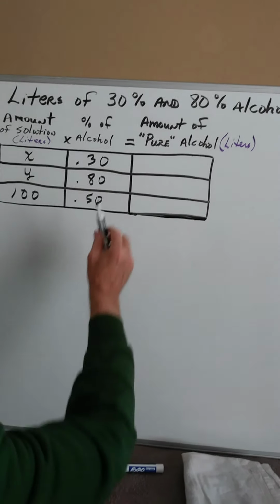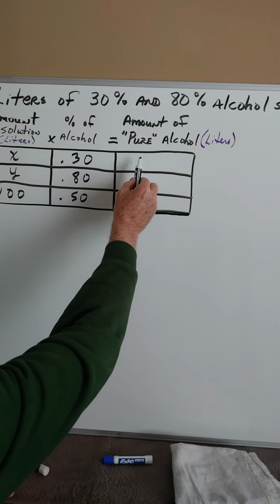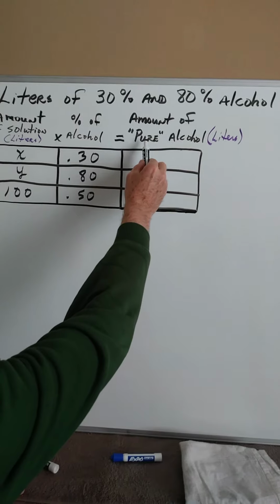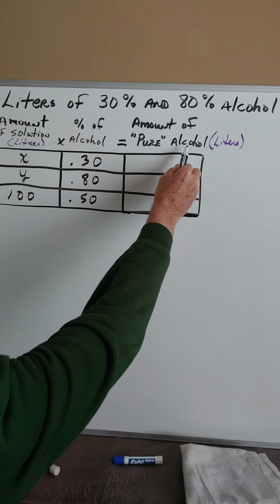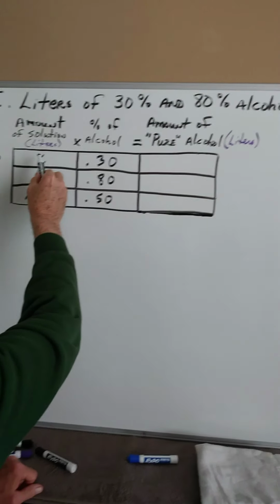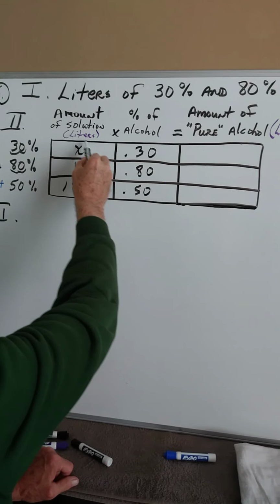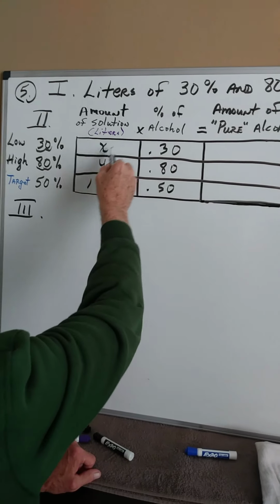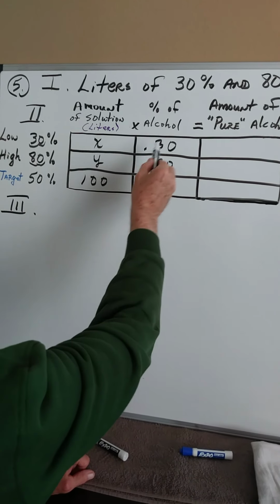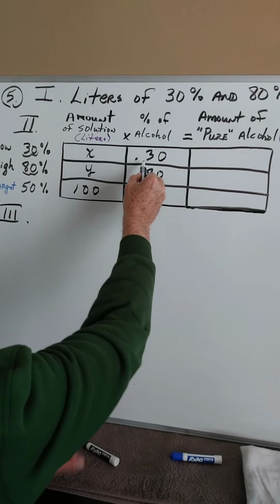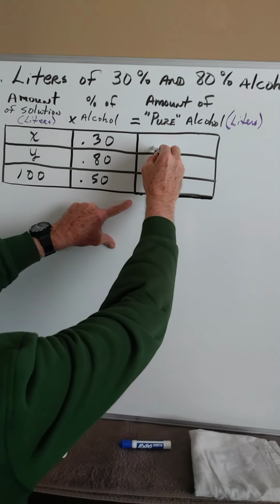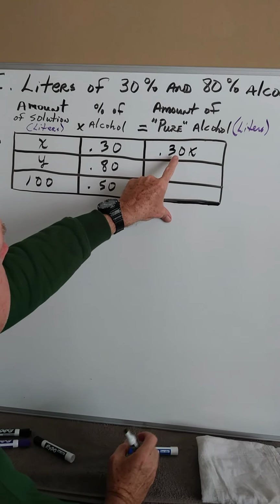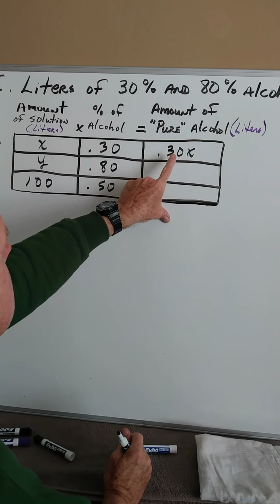so we can see the percents that they came from. Now, to find out the number of liters of nothing but pure alcohol, we're going to multiply the amount of solution that is in this 30% container, the amount of solution, multiply it by the strength of the alcohol, and that answer, 0.30x, is representing liters.